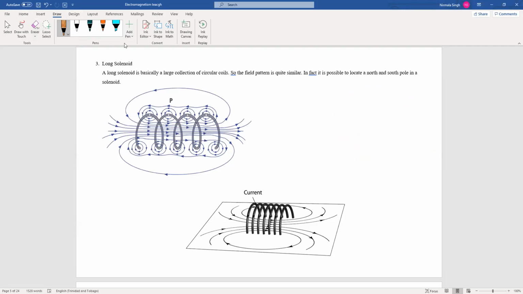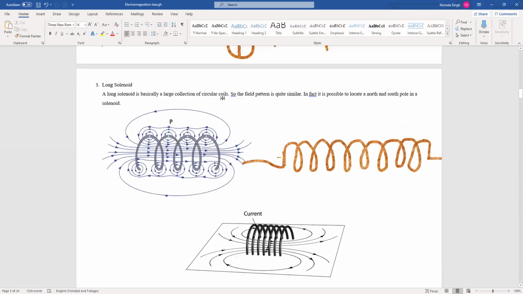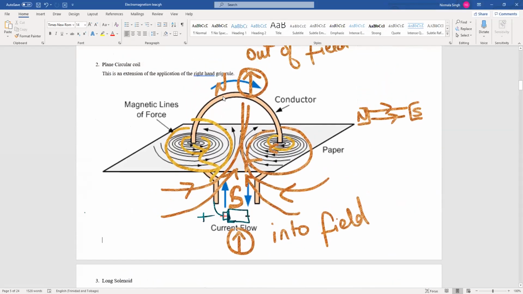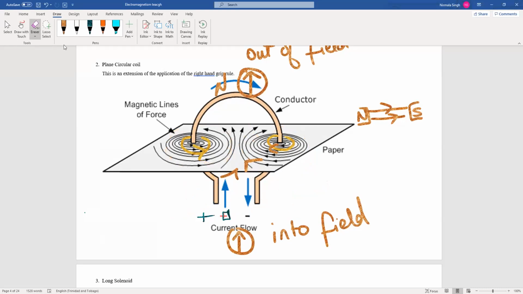Now, what is a solenoid? A solenoid is simply one wire wrapped around in nice concentric coils. By wrapping these in concentric coils, we are going to take what we had up here in the diagram before. So this is our concentric coil. We're going to extend it to produce a solenoid.